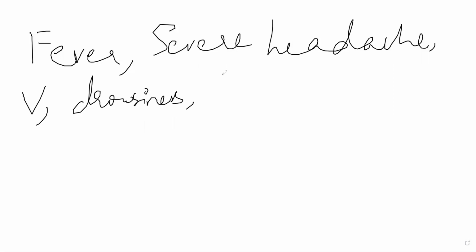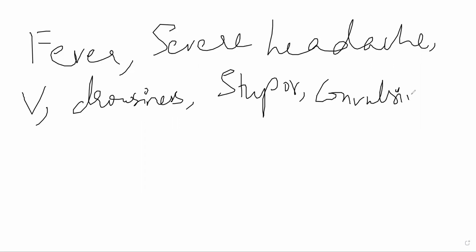There will be stupor, the patient might go into coma, or they will have convulsions, sometimes coma. And one of the most important and significant effects that you will see in patients who have acute meningitis is stiffness of neck.